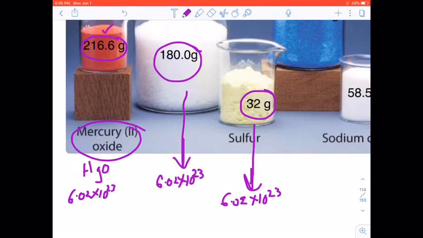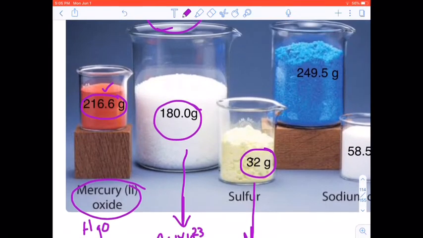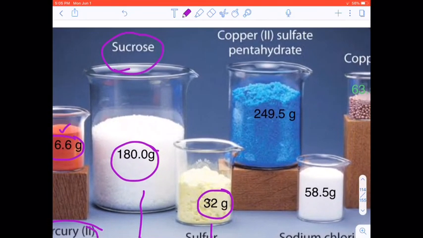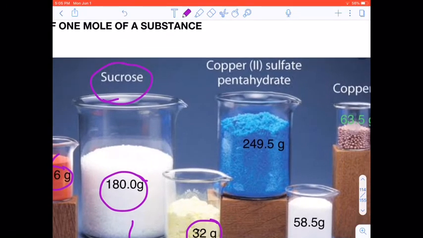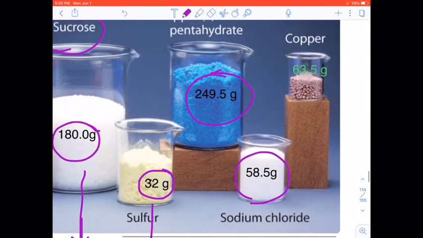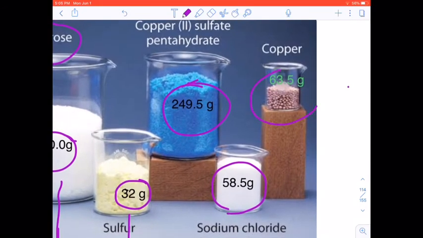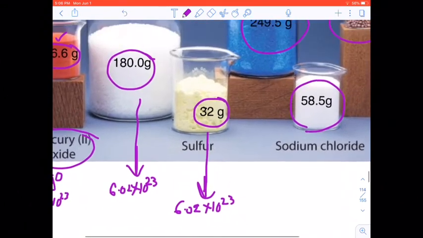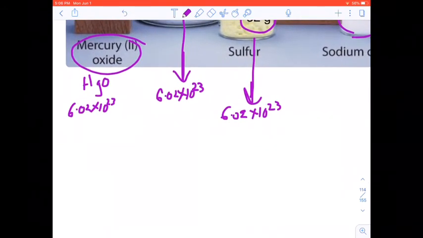So, as you can see, 217 grams, 180 grams, 32 grams, and here we got copper sulfate pentahydrate, right? And here I've got 58.5 grams of sodium chloride, and here I've got copper, which is 63.5 grams. So what's common in all of that?